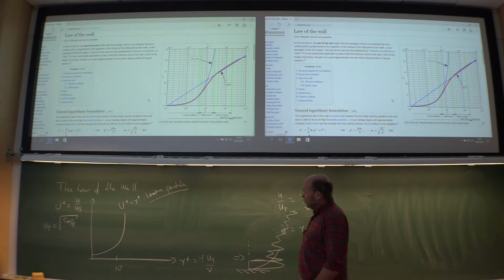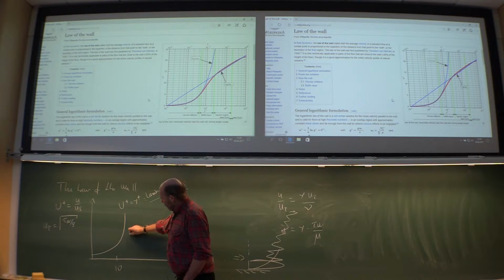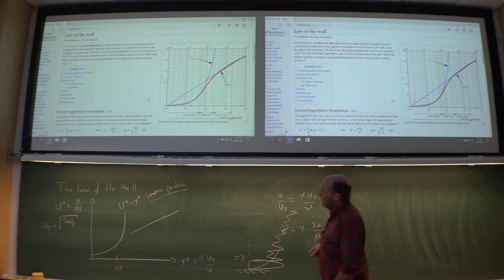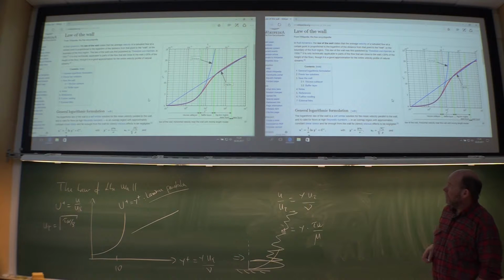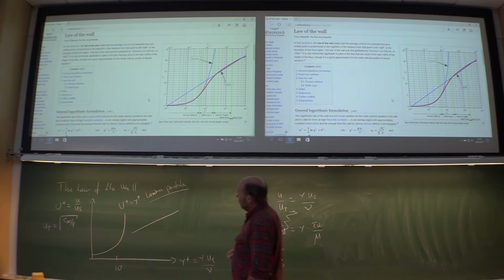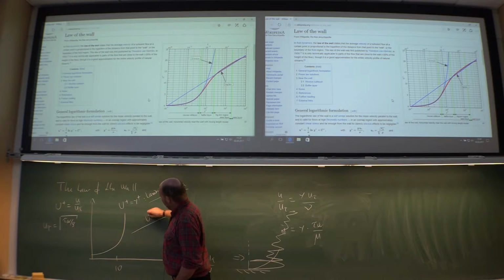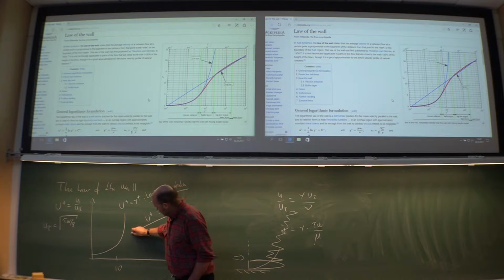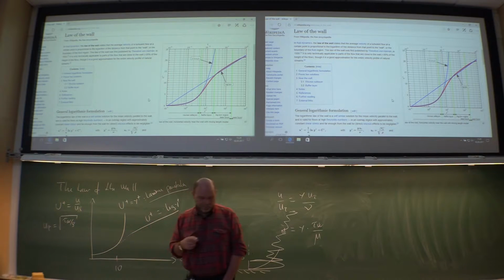Going further out, okay, then you can have this log connection, a straight line in a log plot. So there you will have this equation, u plus equals something times log y plus. And then you have to combine these two.